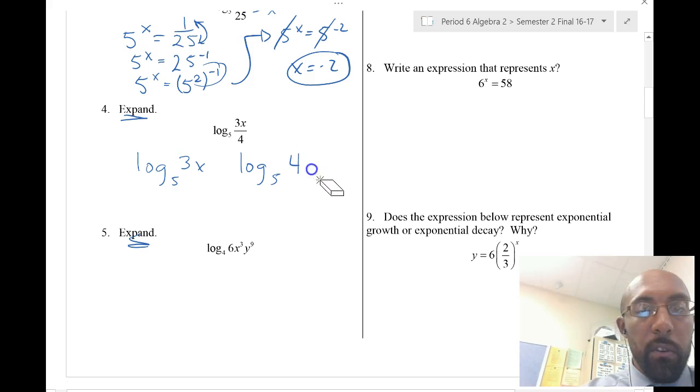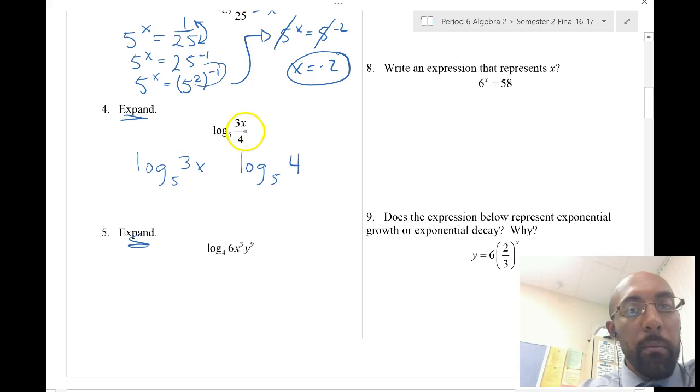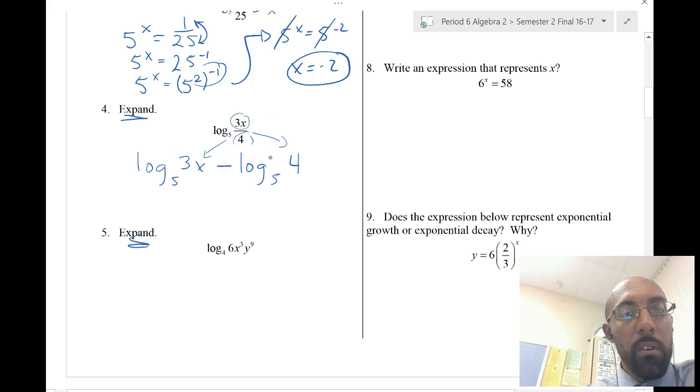Oops, sorry, not 4x, just 4. And between the two logs, it will be minus, or subtraction. So again, if it's division, you put minus between the two logs. And then the 3x goes here, and then the 4 on the bottom, or whatever number is in the denominator, goes on the right. And make sure you do it in the right order. The number on the top goes first, number on the bottom goes second.